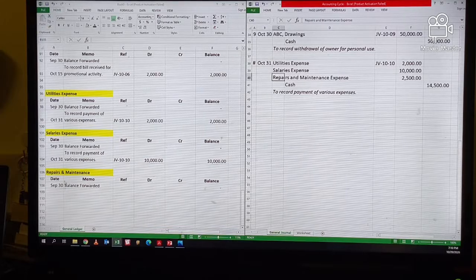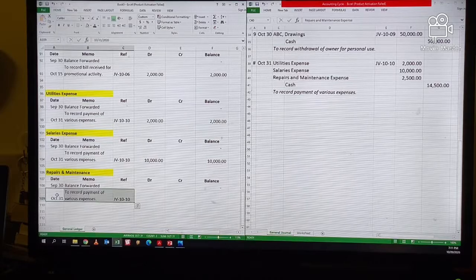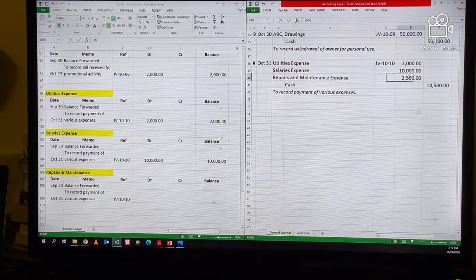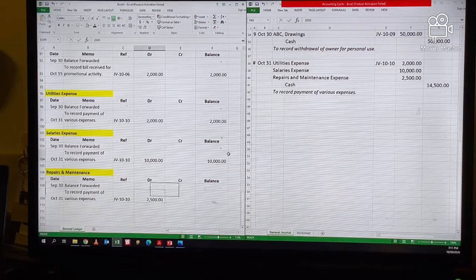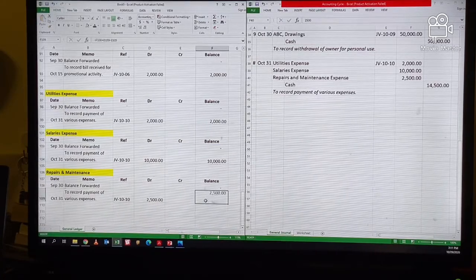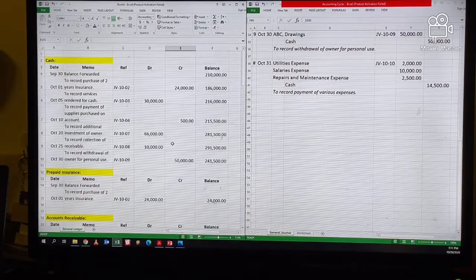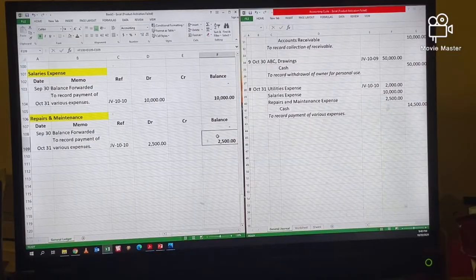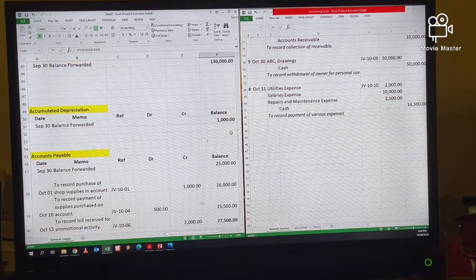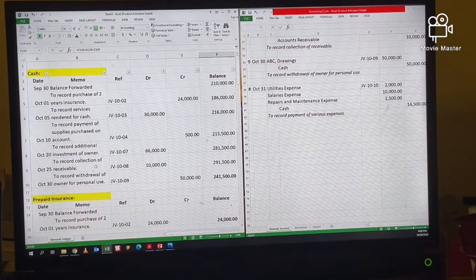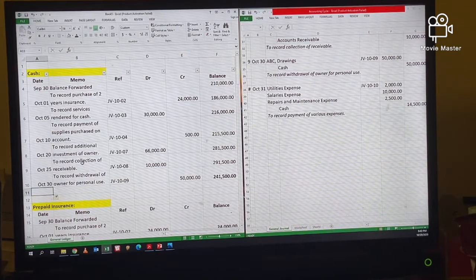Okay, repairs and maintenance naman tayo. So this is the proper way of preparing your general ledger. This is what a 3-column general ledger really looks like. Now, there is another way of presenting. Okay, so for our credit, it's cash, 14,500.